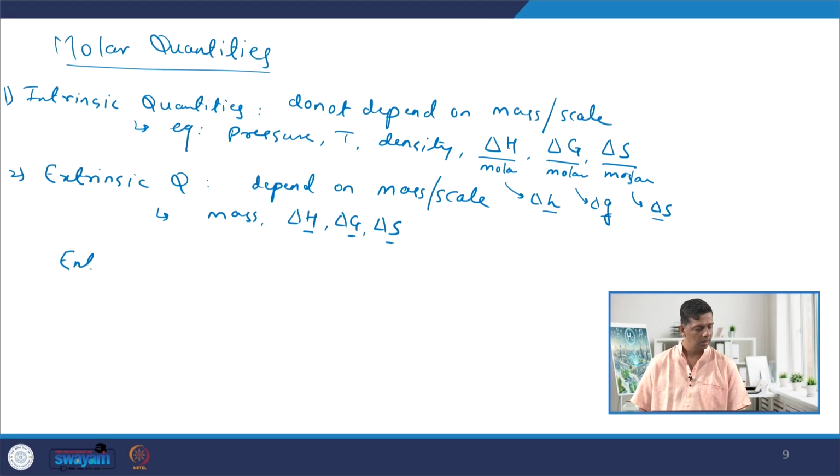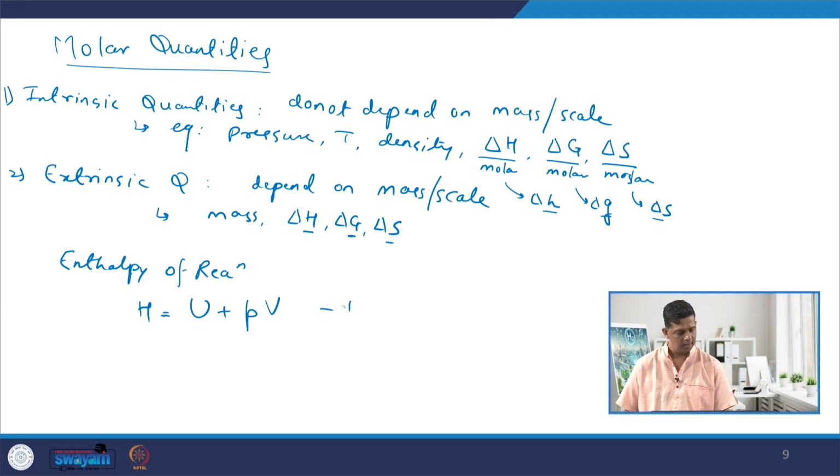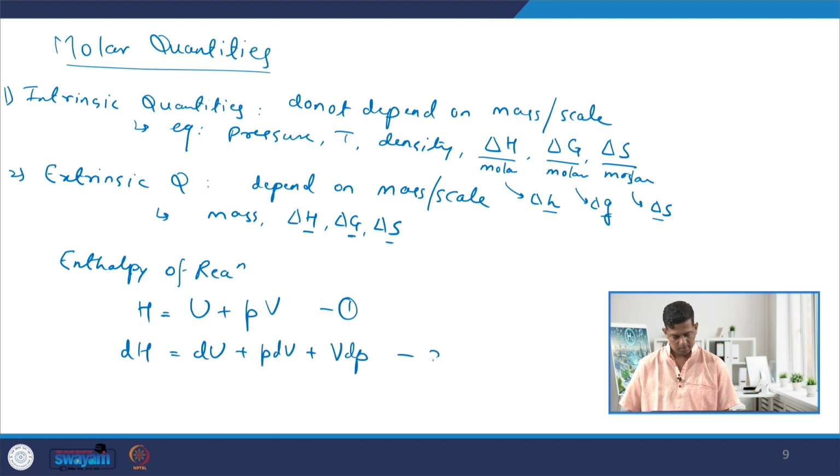Let us write for enthalpy. Enthalpy of any reaction is H equals U plus PV. Let me write this as equation 1, and let us differentiate this: dH equals dU plus P dV plus V dP. This is my equation 2.